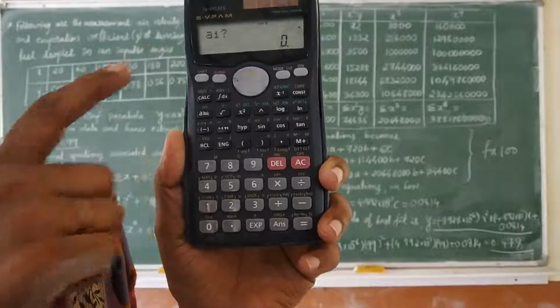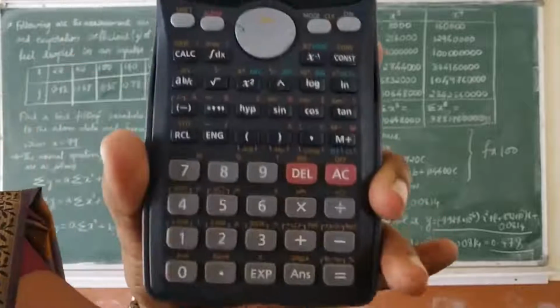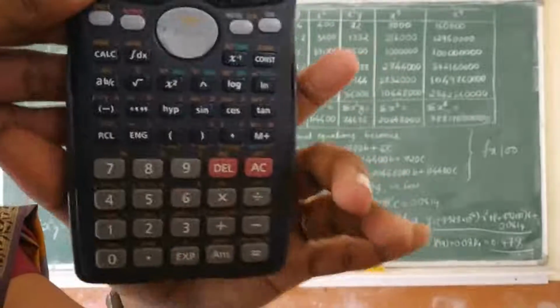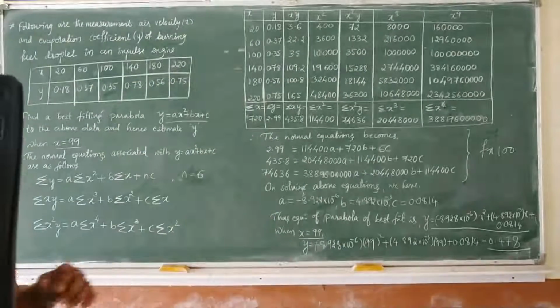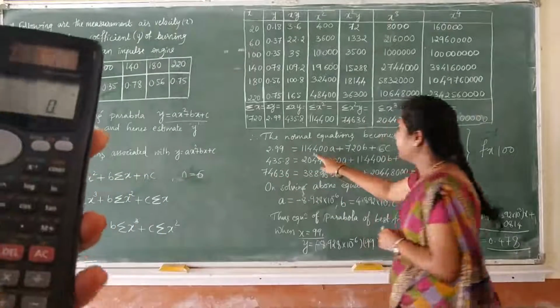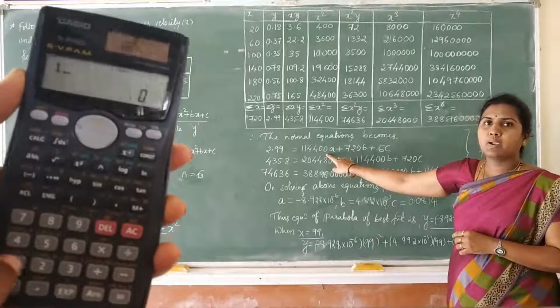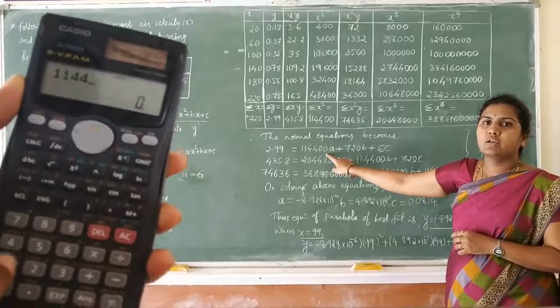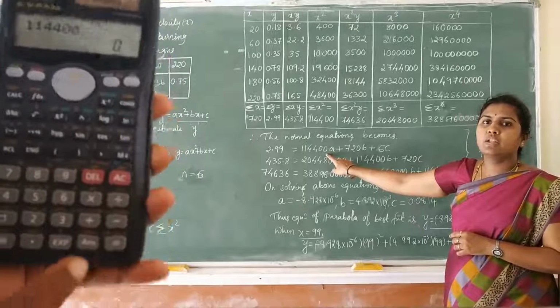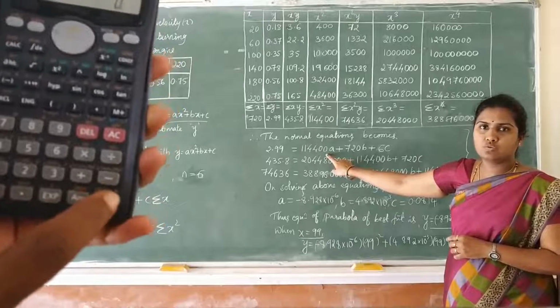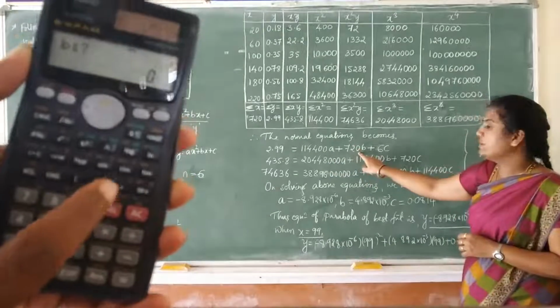Okay, they are asking A1, A2, A3 coefficients. First A1. A1 is this one, 114400. Next, press equals. Next, substitute 720.